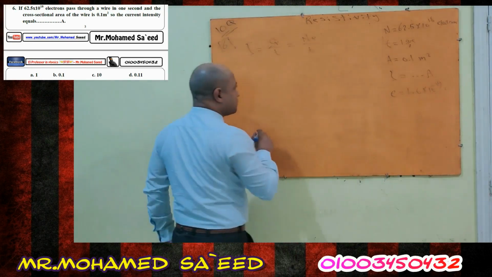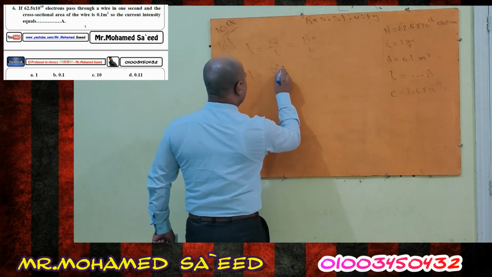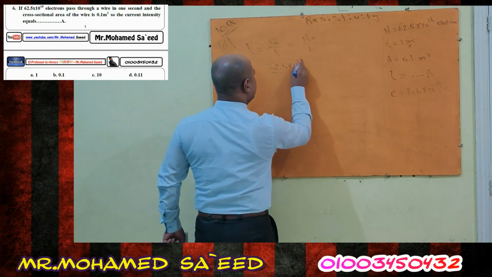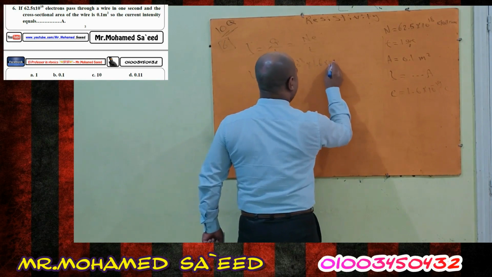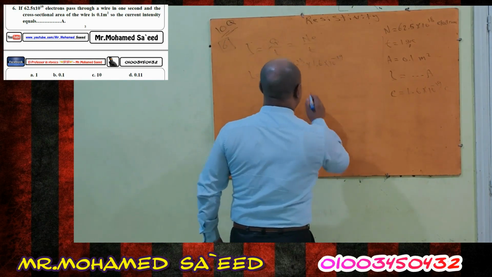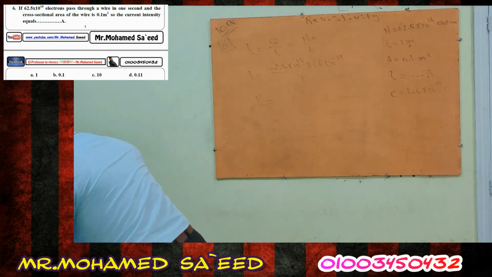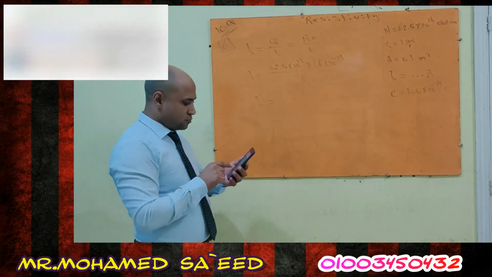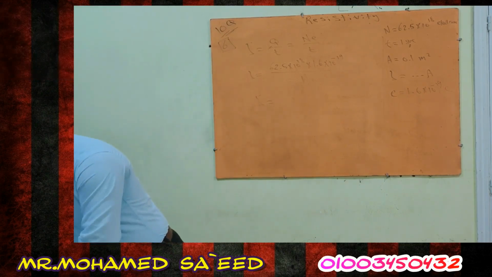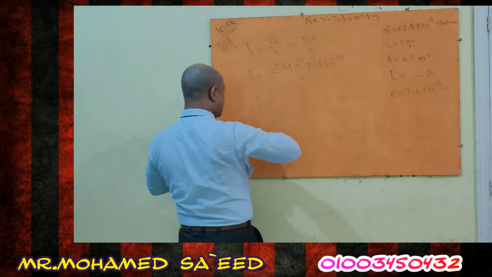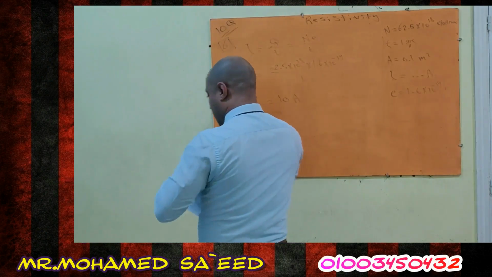So by replacing, I equals number of electrons 62.5 times 10 to the power 18 times charge of electron 1.6 times 10 to the power negative 19, over time 1. So I equals 62.5 times 1.6 equals 10. The true answer is 10 ampere. The true answer is C. Okay, another question.